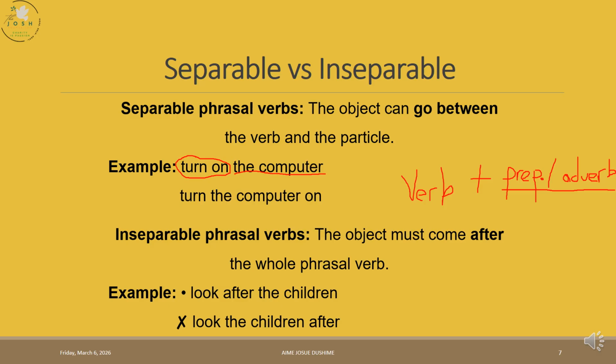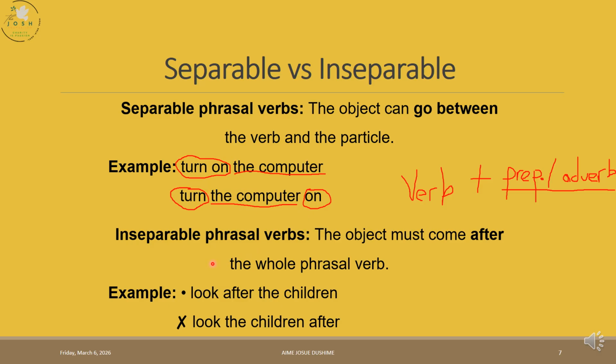Turn on what? The computer. Then separable means we can put this object in the middle, between the verb and the particle, and it's okay to do that.